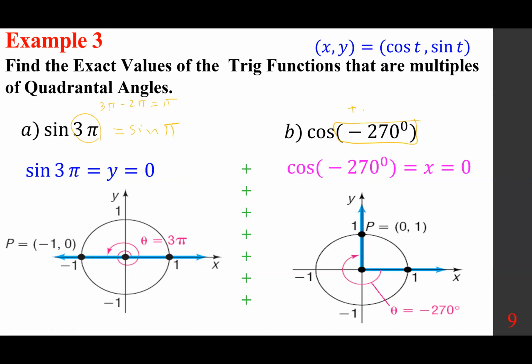If I add 360 degrees, I end up in the same location. And this is the same as cosine of 90 degrees or pi over 2. Again, if you want to evaluate it, you can do that. A complete revolution brings you back to the same spot. So you add one complete revolution. If it's more negative, perhaps two, and so on and so forth.